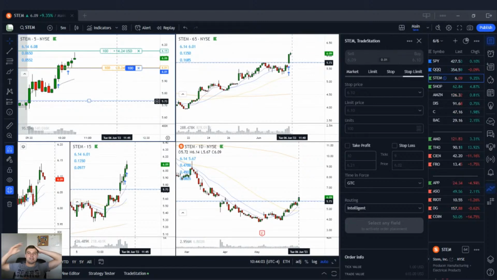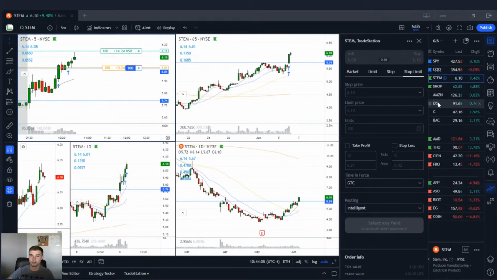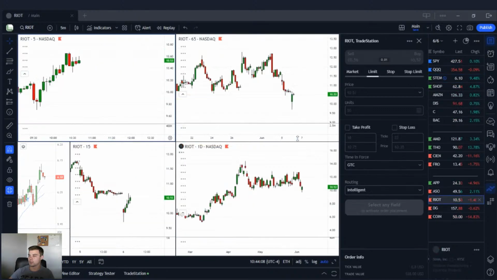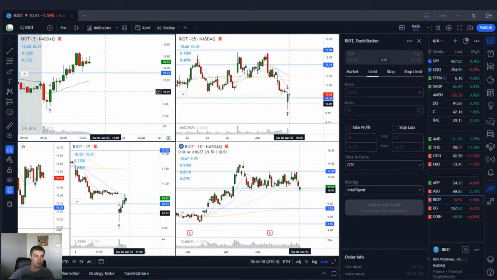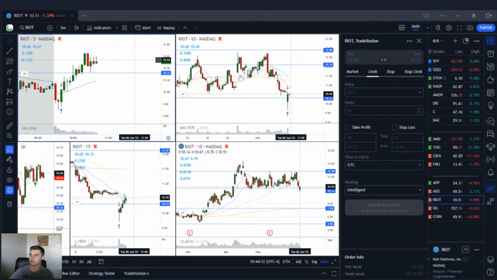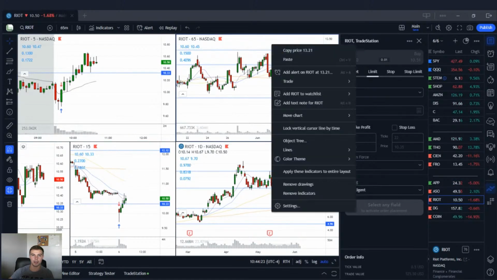Nonetheless, I did lose an R earlier this morning on the RIOT, so I should be up just over an R today, about 0.4 R, as long as STEM just gets that last penny. Nobody's saying it has to, but I think it should. I think the odds are in our favor on that one. So going to be slightly up today.